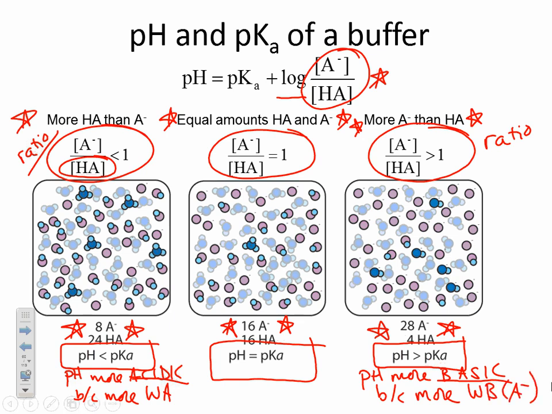So having more of the weak base component of the buffer pushes the pH up a little bit. So you can tell simply by examining how pH and pKa compare to one another if you have equal quantities of both the weak acid and the conjugate base, or if you have more weak acid than conjugate base, or if you have more conjugate base than weak acid. And it's all down to this particular ratio.